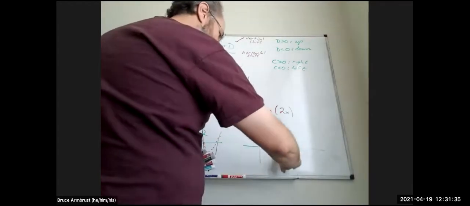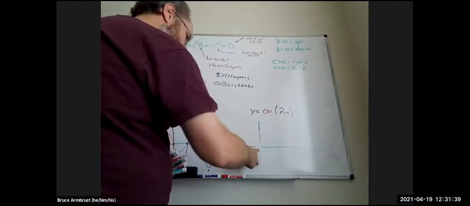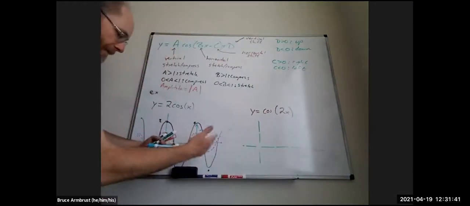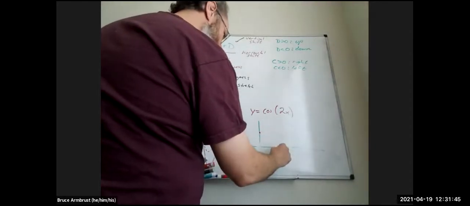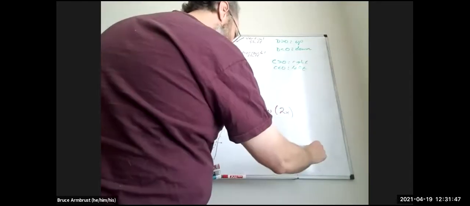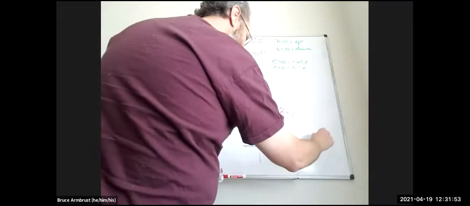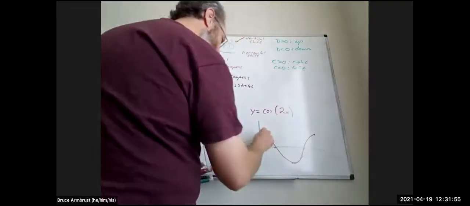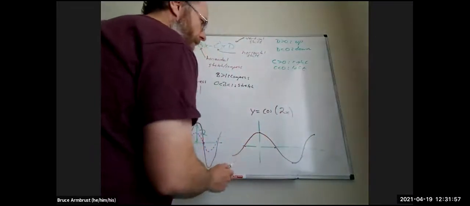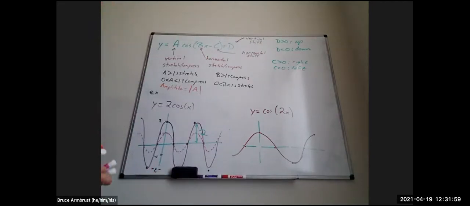Let me try to make this a little bit more regular. My other one got kind of squishy. So boom, boom, boom. Okay, so there's our graph of just regular y equals cosine.